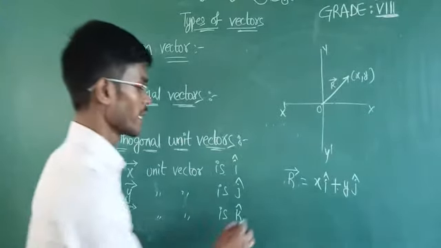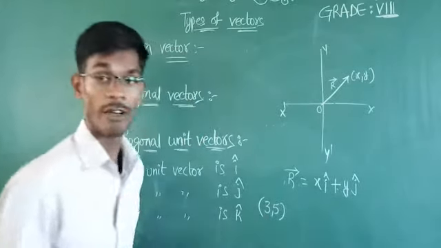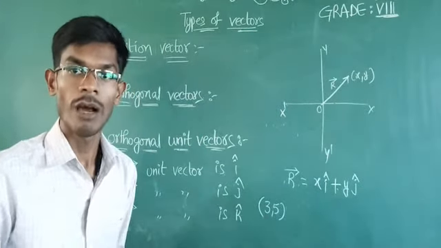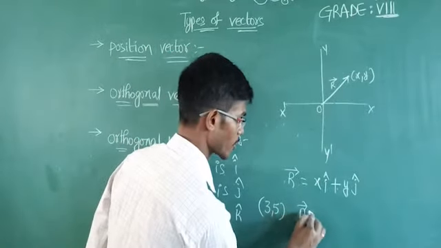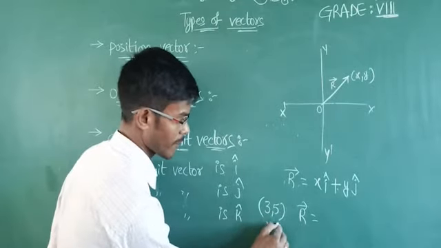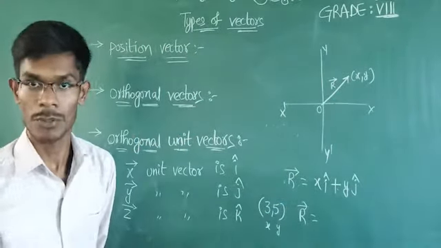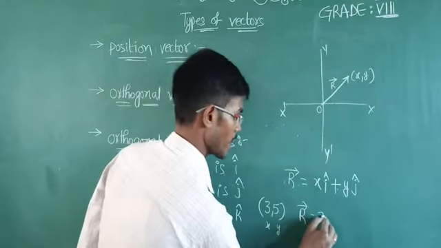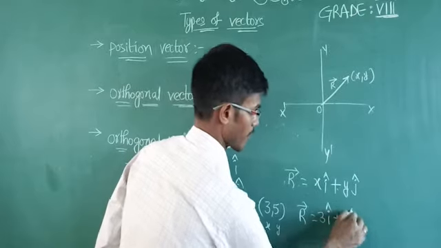Suppose they have given a point 3 comma 5. How can we represent the vector? r bar is equal to, 3 represents the x value and 5 represents the y value. Then in the place of x and y, substitute those. Here 3 i cap plus 5 j cap.